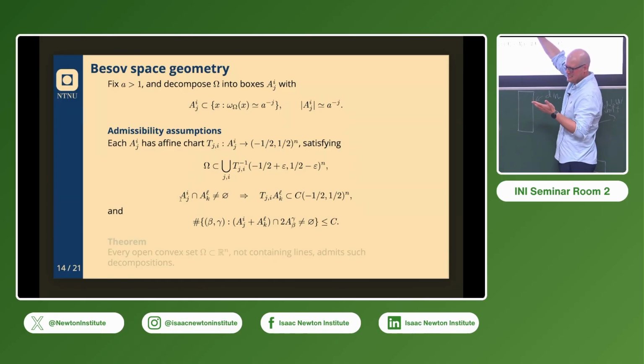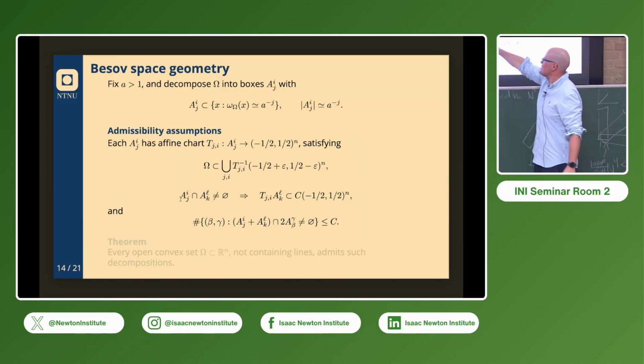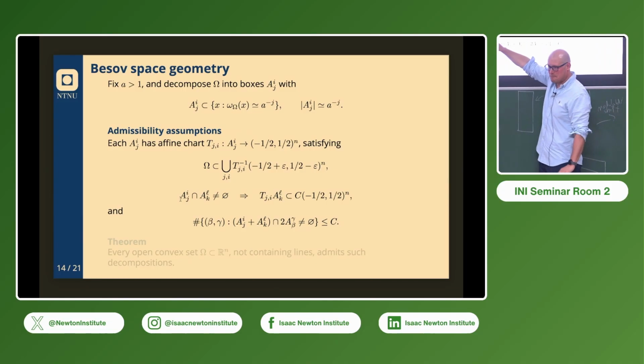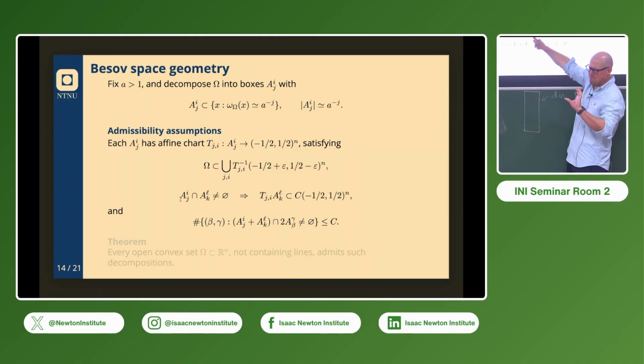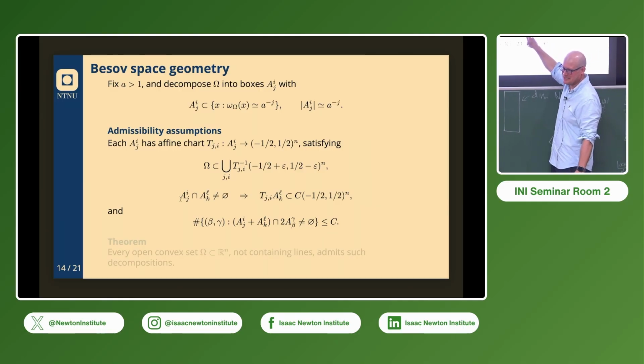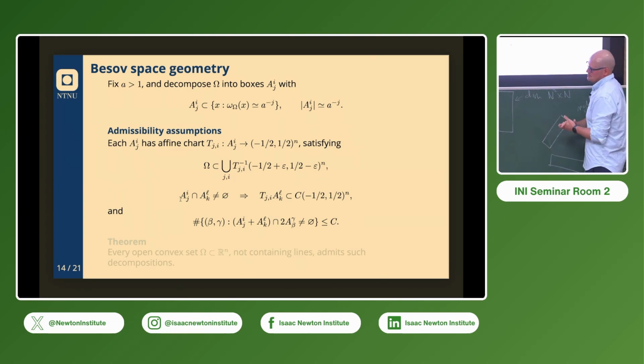This is the affine map from that rectangle to the unit square, and these rectangles should cover your set. That's an okay condition. The second condition says that if you have 2 adjacent pieces in your decomposition, then the transition map is uniformly bounded. That's what this says, because it says that it maps one into the unit ball of the other.